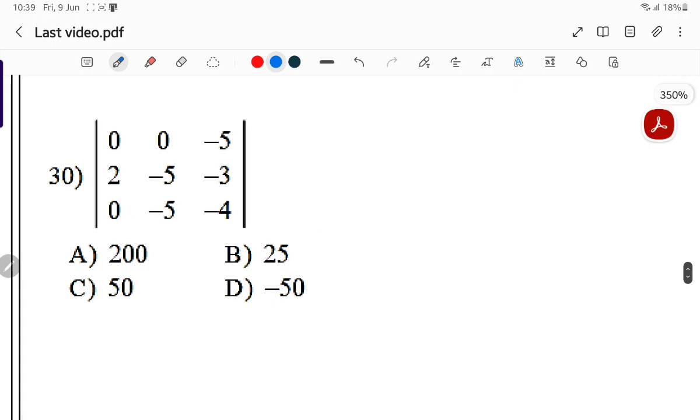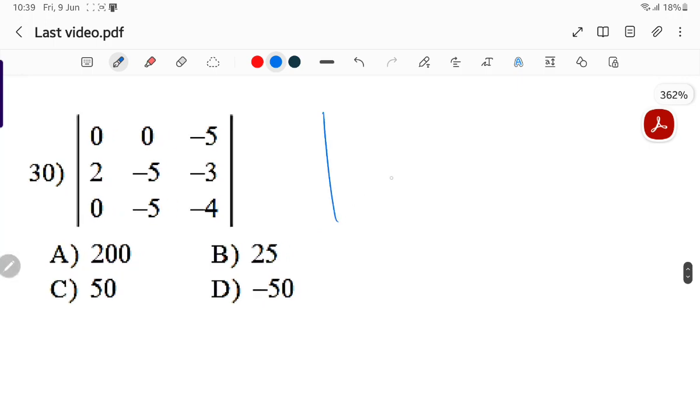Here we have the determinant. Let's explain the determinant in a different video, and here we can do our example. Negative 1, 3, negative 2, 5, 0, 5, negative 3. Let's make this negative 5.